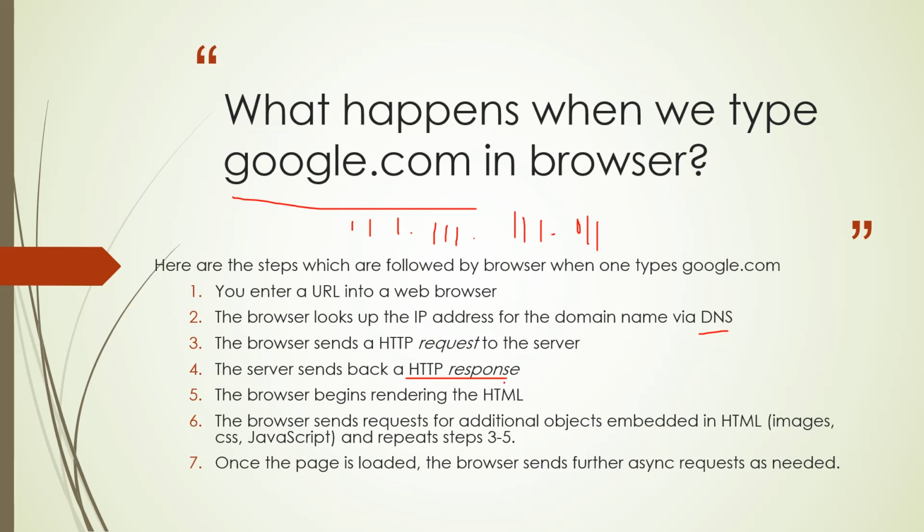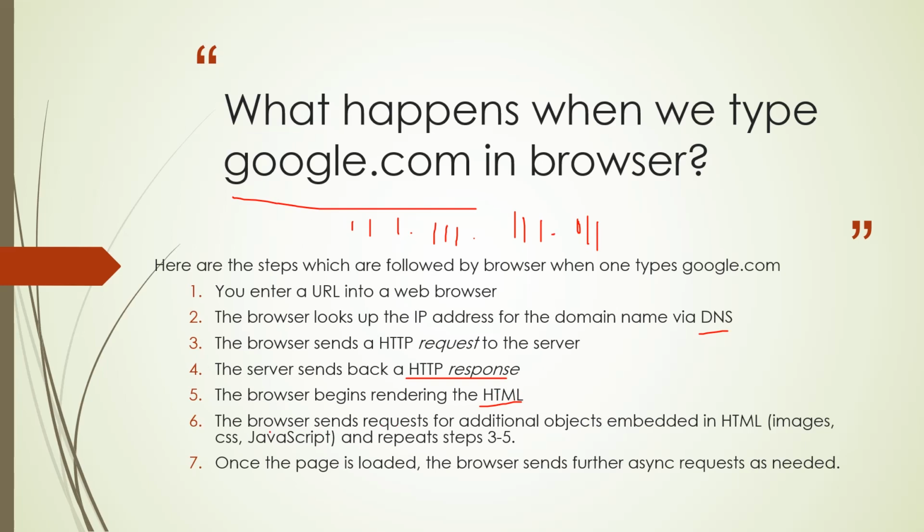What is there in the HTTP response? There will be different objects related to HTML, related to JavaScripts and all these things. The role of the browser is to render the web page, or render the response coming from the server. So it will come in the form of HTML.